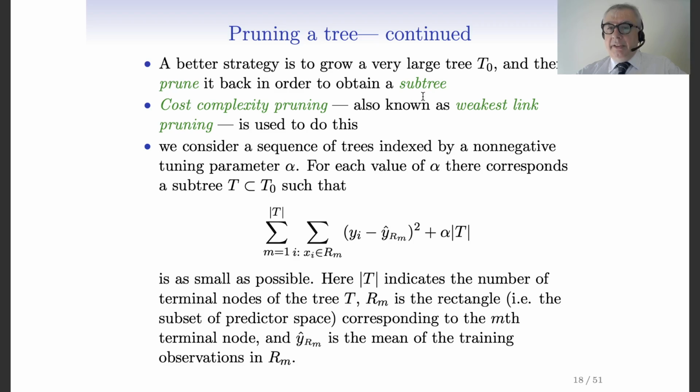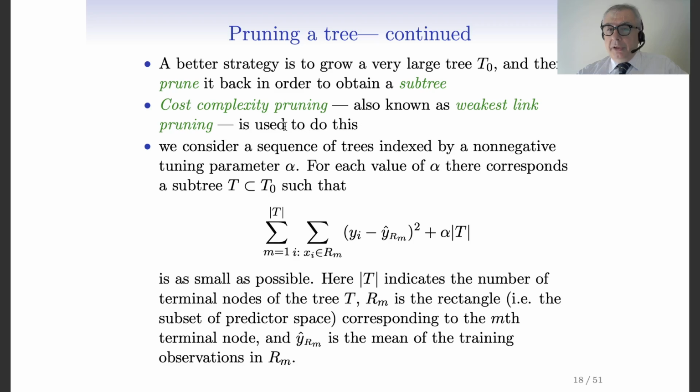And the idea is that the subtree will be more robust. Having grown a large tree, this means that some splits that were useful, that I would not have reached if I stopped my procedure too early, will be reached, and so I will sacrifice only branches that are not that useful. So this is the idea behind pruning.